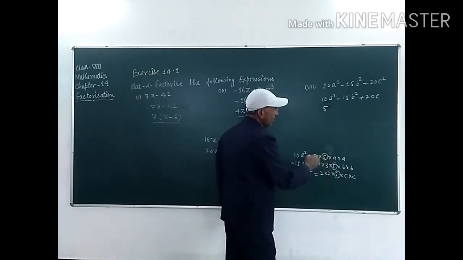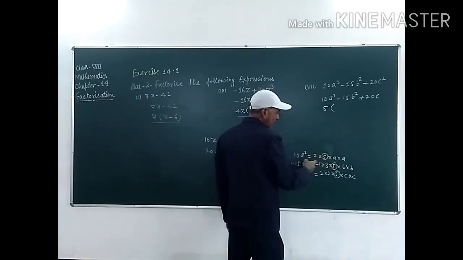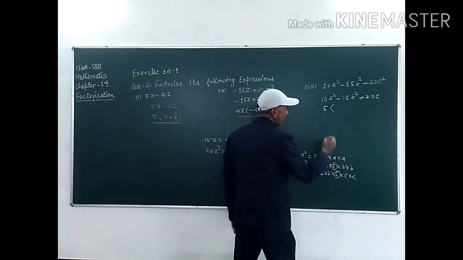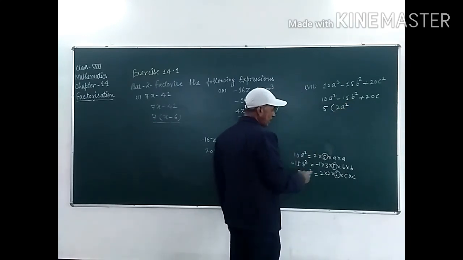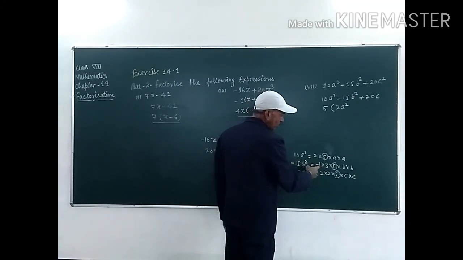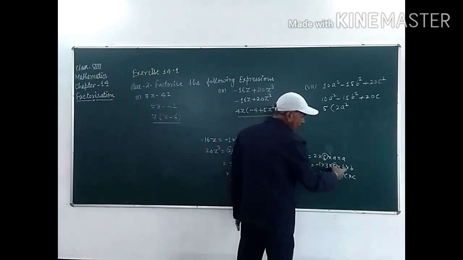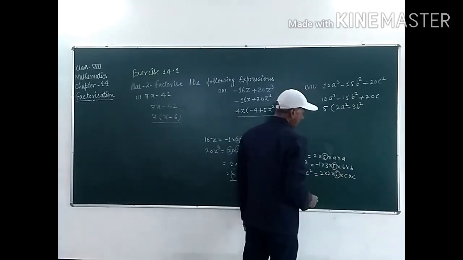So after taking 5 as common, what will remain in the first part? In 10a square, that is 2a square. 2a square here, students. In the second part, what will remain? That will be minus 1 into 3, that is minus 3b into b, minus 3b square.